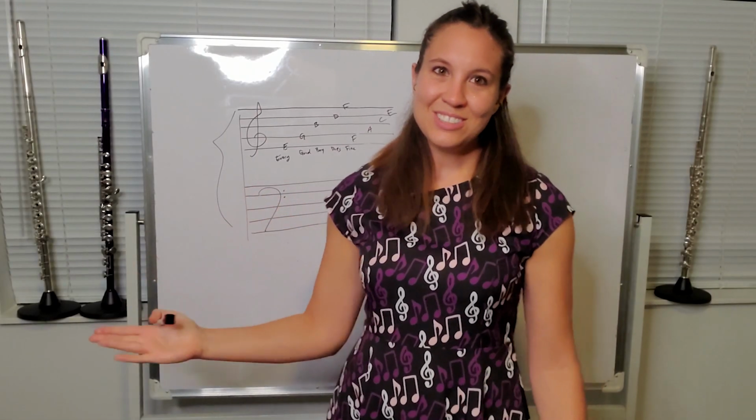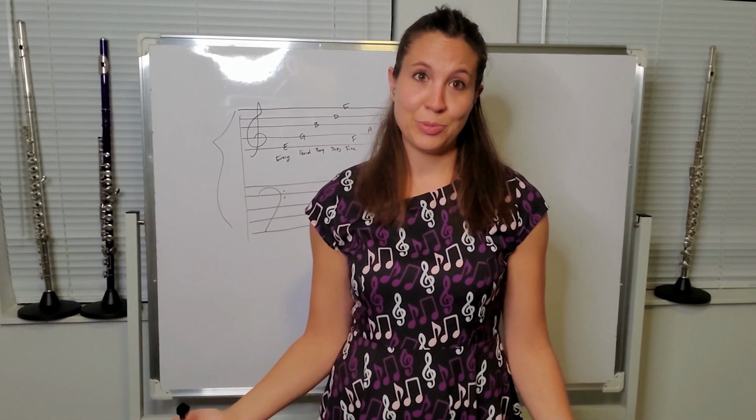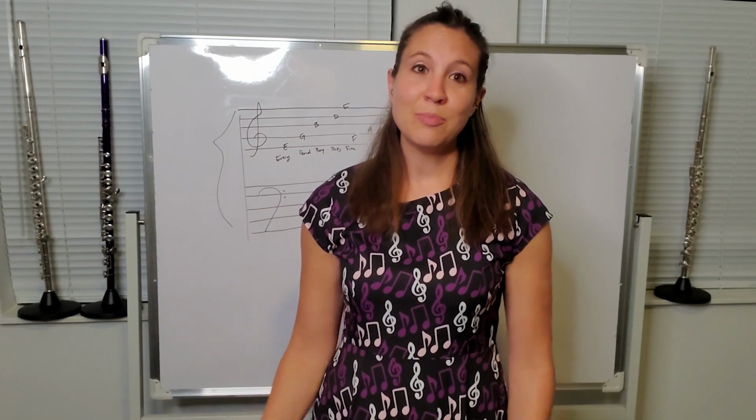Okay, let's do some exercises so we can get comfortable with this. From the top, what is this thing called? It's a staff. What clef is this? Treble clef. It signifies what note on the staff?